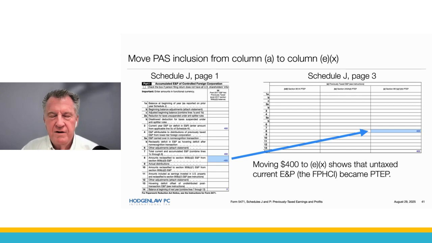So that's the flow of the numbers from all the way from money comes in the bank at the front end of the CFC until you've done the year-end Schedule J, where you've accounted for the E&P. And notice that the money here in the column E and the subcolumns is still current earnings and profits. It's not accumulated yet because it's not the next year yet.